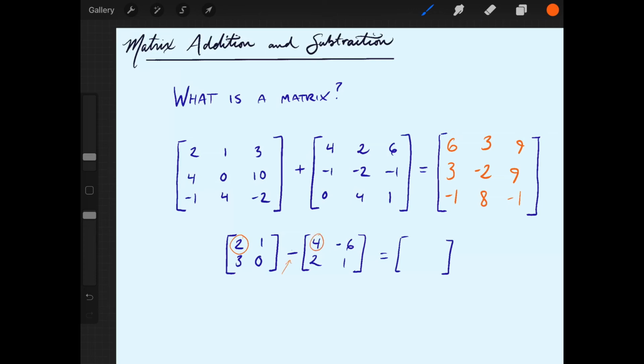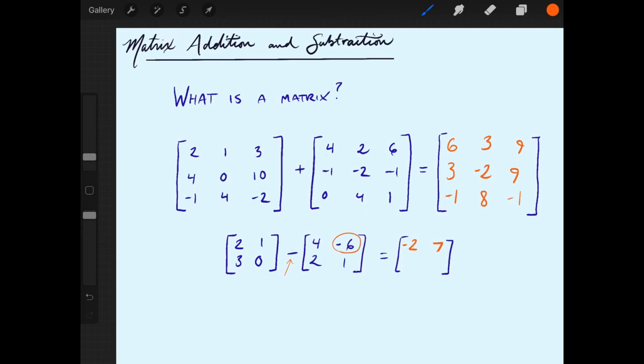Well, the instructions say we're going to subtract 4 out of 2. What is 2 minus 4? 2 minus 4 is -2, and that's what we write in the top left, because of course that's where the 2 and the 4 were. Continuing along, 1 minus -6 is going to be 7.